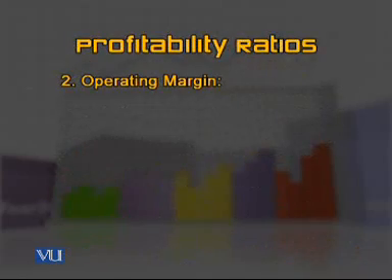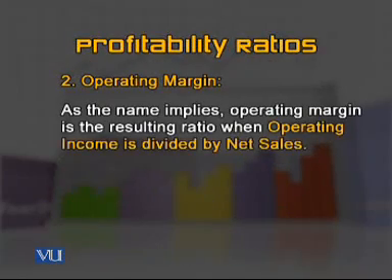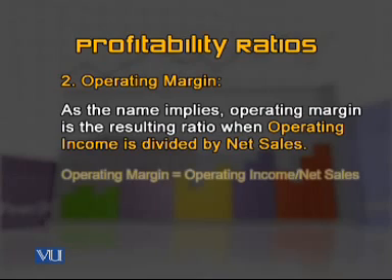Then we must know about operating margin as well. And as the name implies, it is all about operations of a company in the current year. It is the resulting ratio when operating income is divided by net sales. The operating margin equation would look like operating income divided by net sales.